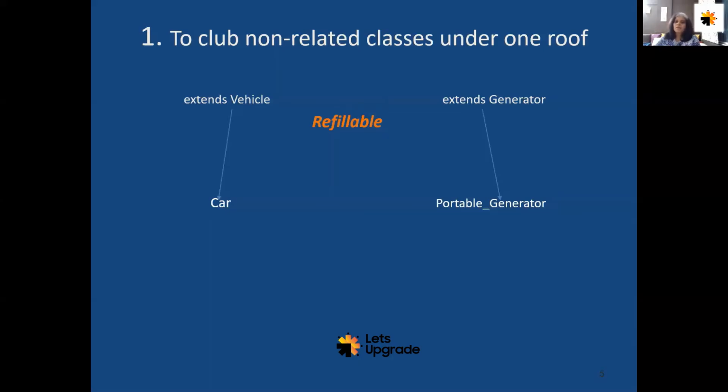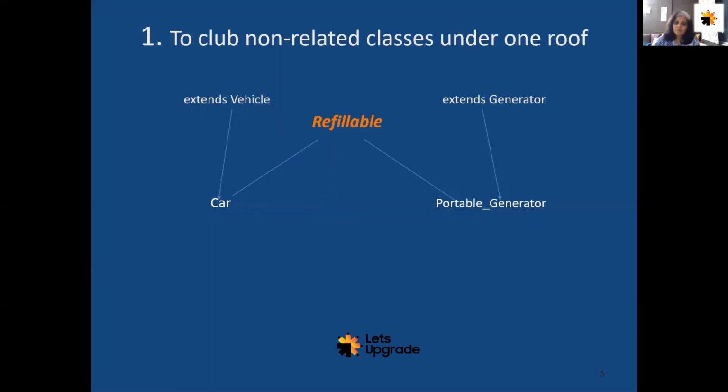So here, non-related entities have something in common. Now that particular common ability or that type we will create as an interface. And now whichever entity has that ability of refilling will implement that interface refillable, right? What is the common behavior here? To refill.